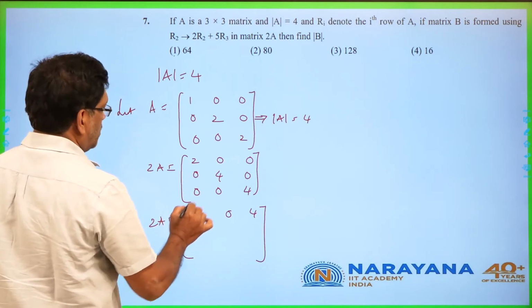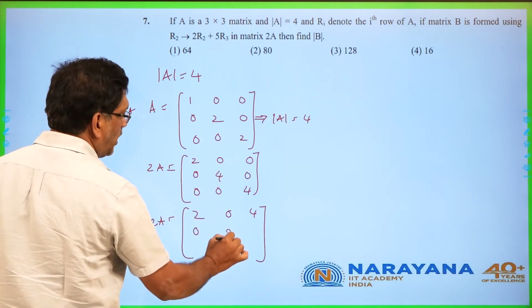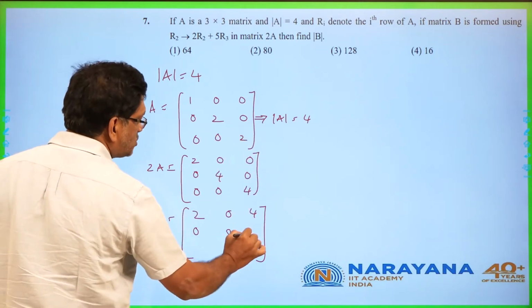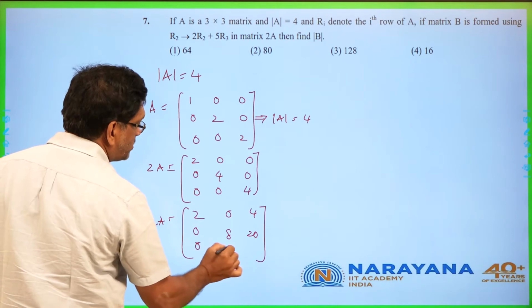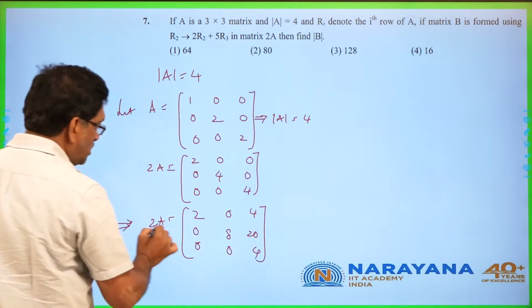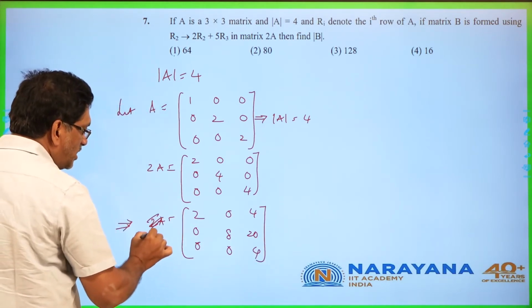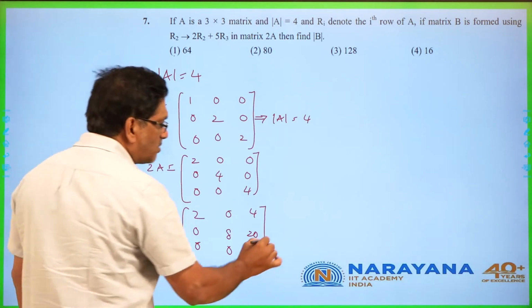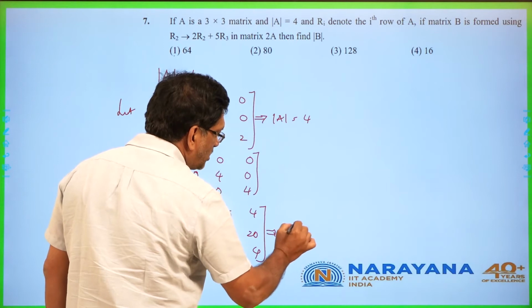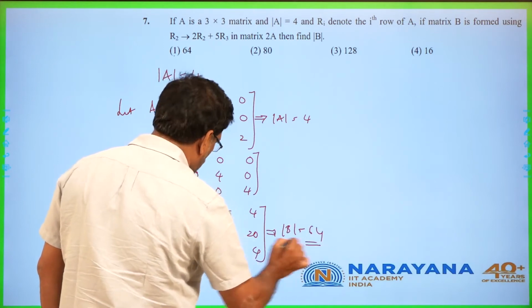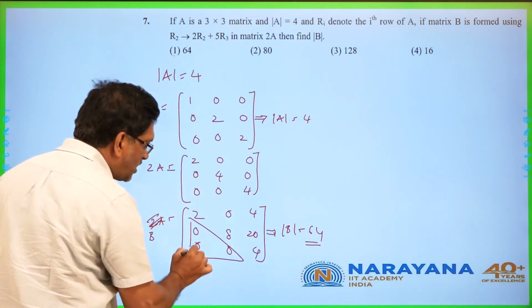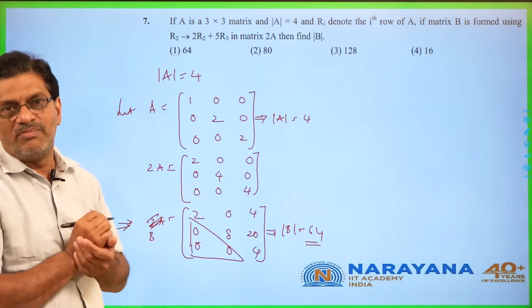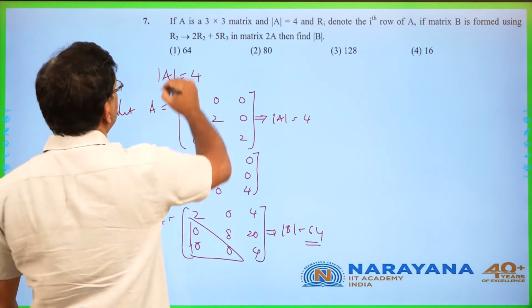This is 4 into 2, 8 plus 0. This is 0 plus 20. Next, keep it the same like this. This is now, he is writing it as B. Remember, now he is asking determinant of B. Determinant of B is 64. If lower triangular elements are 0, computing the determinants becomes simple. So it is 64.